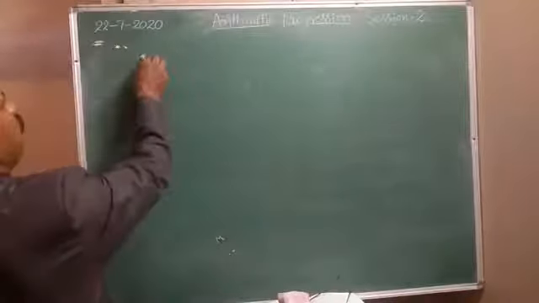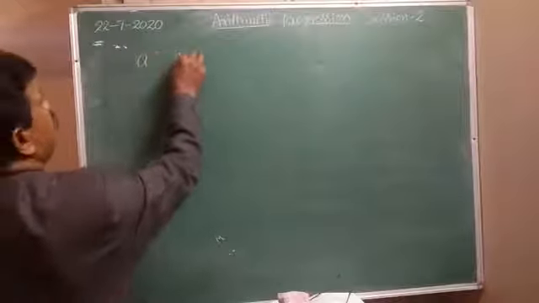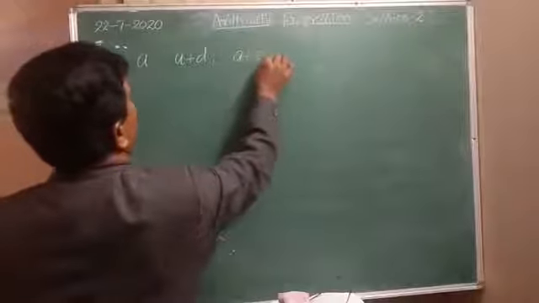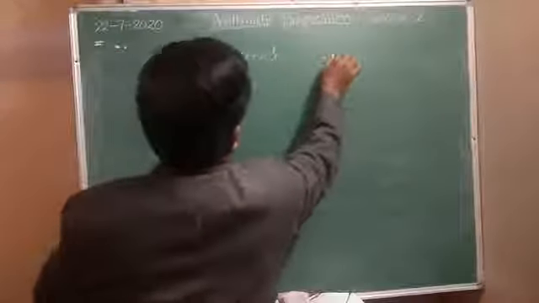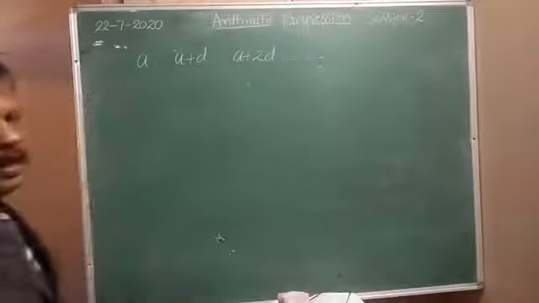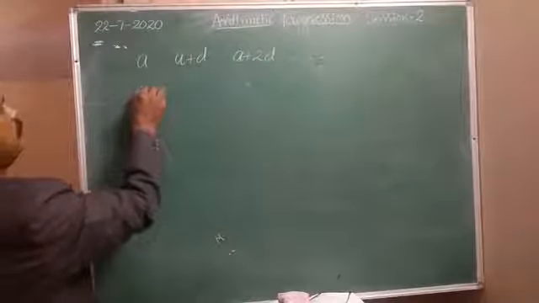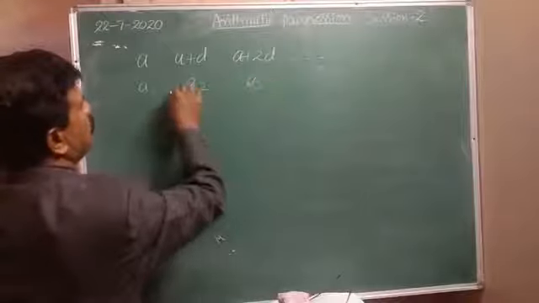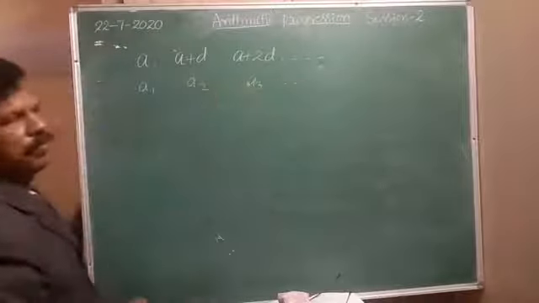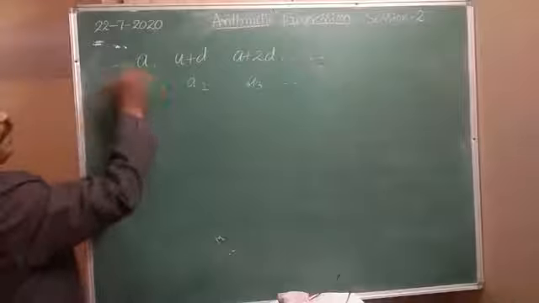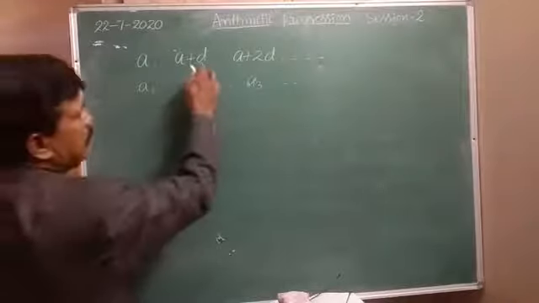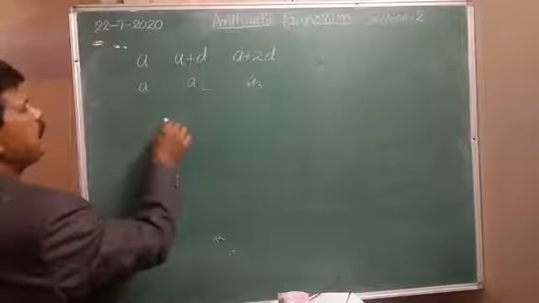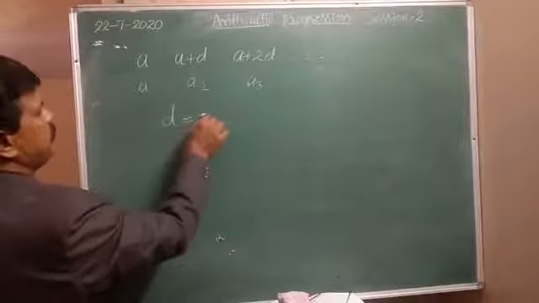The general form is a, a plus d, a plus 2d, etc. This is term 1, that means a1, a2, a3, etc. Here the first term is a. To obtain the second term, we just add one d. Here d is called the common difference.